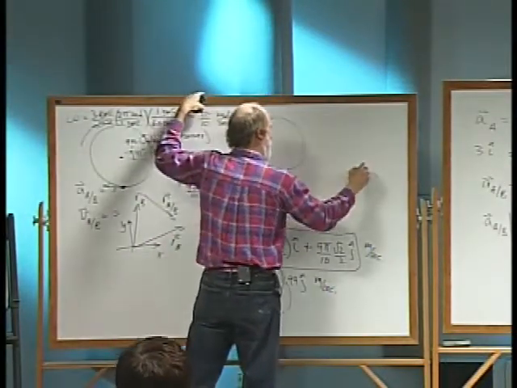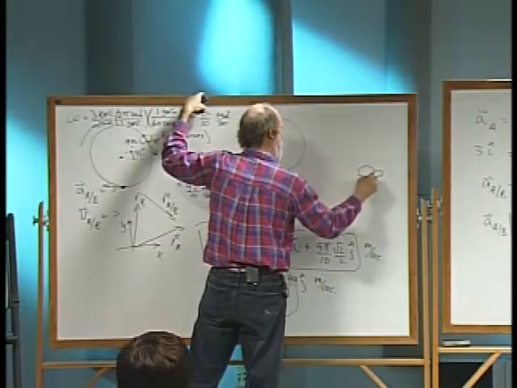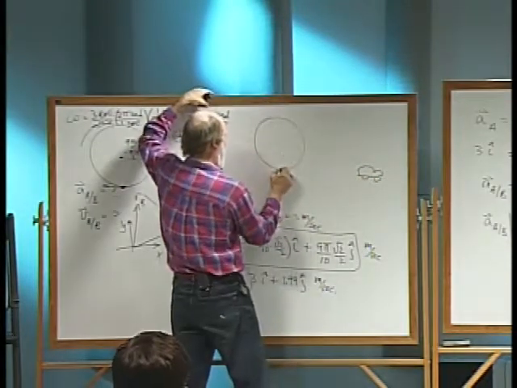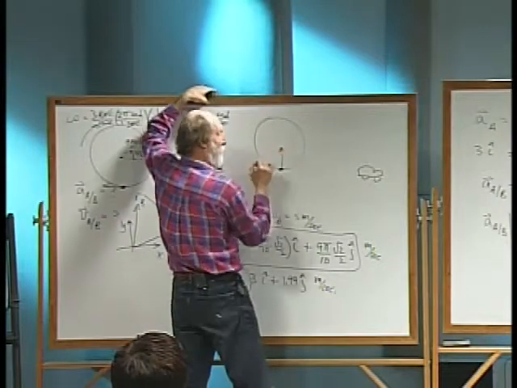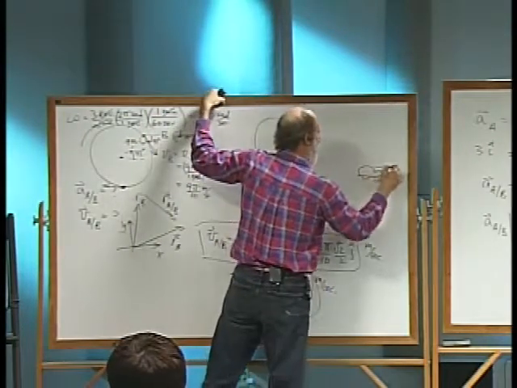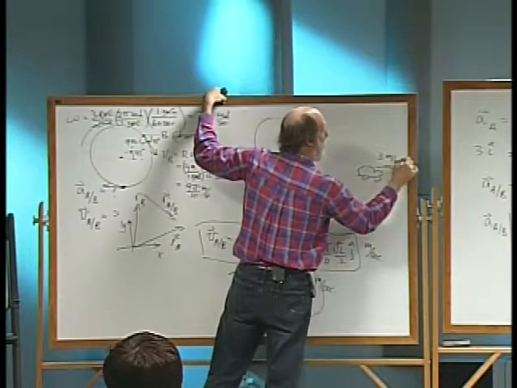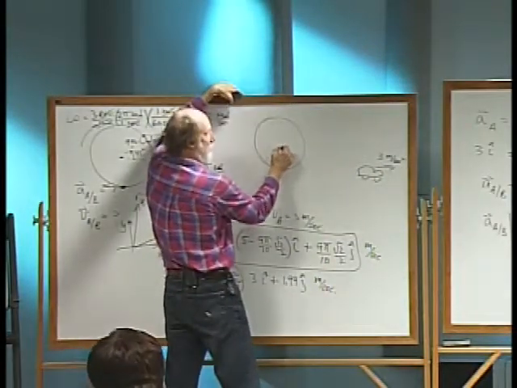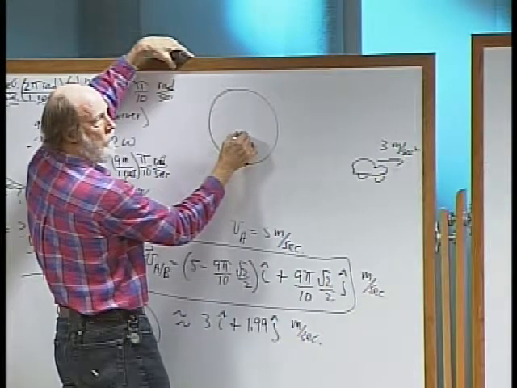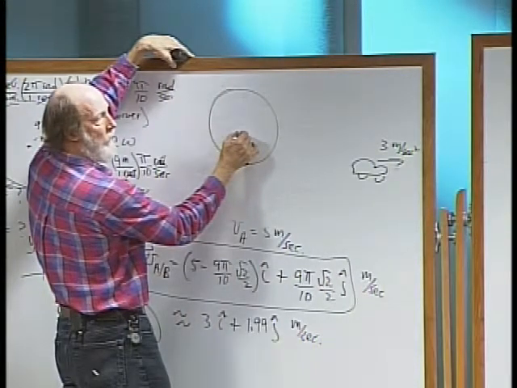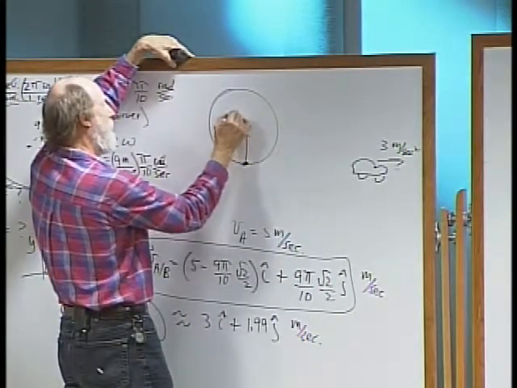Ferris wheel, car. We're here. Acceleration over here is 3, was it? Yep. And this thing should be the normal, which is 9 pi squared over 100, right?